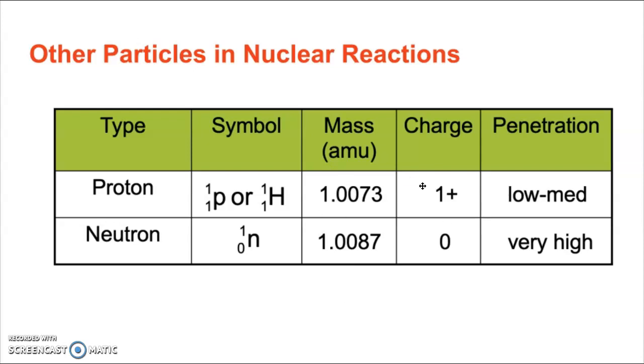We already talked about how protons are a positive charge and neutrons are neutral. And penetration power, protons are pretty low. They're right up there with alpha decay. Neutrons, however, are extremely high penetration. They're even stronger than gamma decay, so gamma rays are actually a little bit weaker than neutrons. Neutrons are the most dangerous.